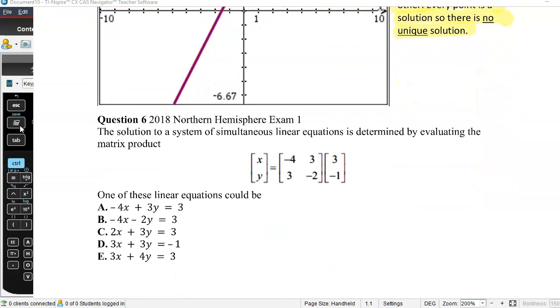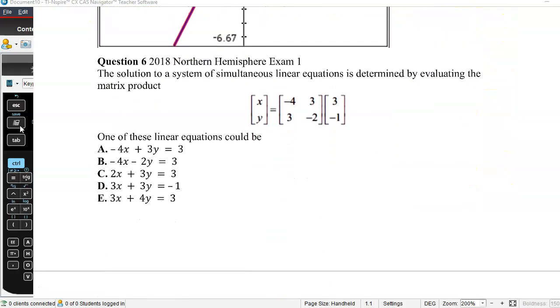So let's do some past exam questions. So here I have one from the 2018 Northern Hemisphere Exam 1, question 6. So we're getting to the middle to hard type of questions now. So the solution to a system of simultaneous linear equations is determined by evaluating the matrix product.